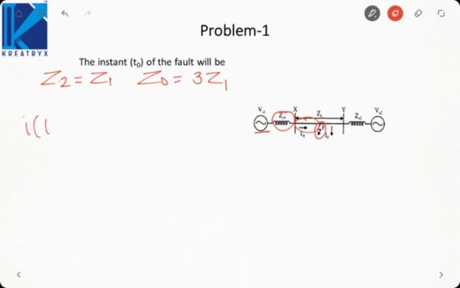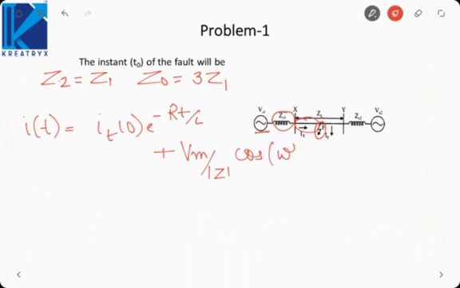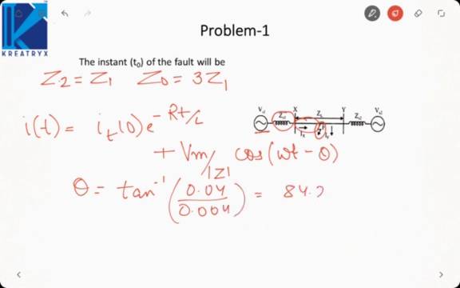Now for transient and steady state we derived the current as IT0 e raised to the power minus RT by L plus Vm by mod Z times cos of omega t minus theta. Theta will be tan inverse of X by R, that is 0.04 by 0.004, which will be 84.29 degrees.